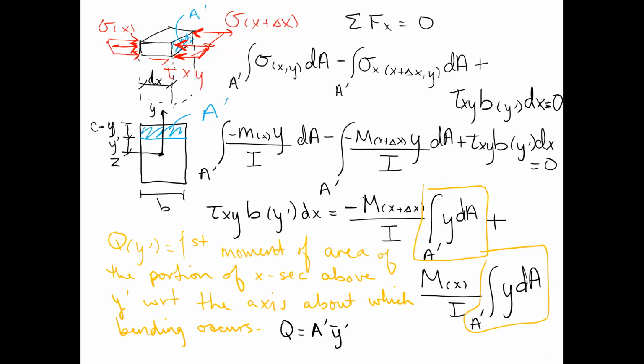So A prime is the region that we're interested in, the region above which we want to calculate the shear stress, and then we multiply it by Y bar prime, where Y bar prime is the distance from the centroid of the overall cross-section to the centroid of A prime. That's the one we were always adding in the T section, the AD squared, AD.